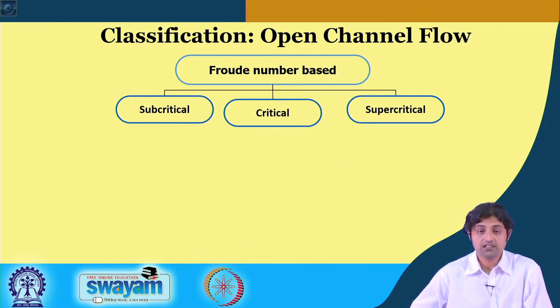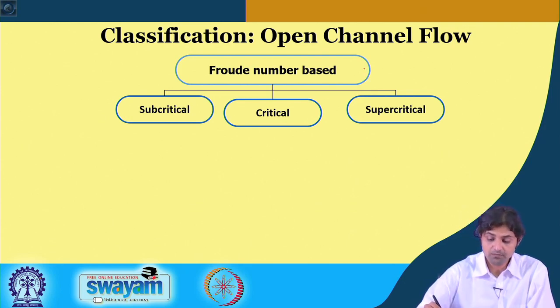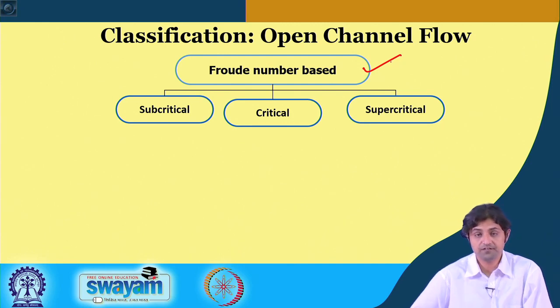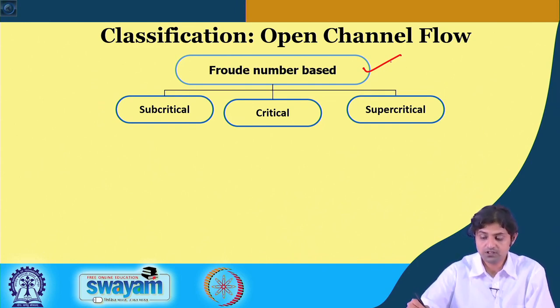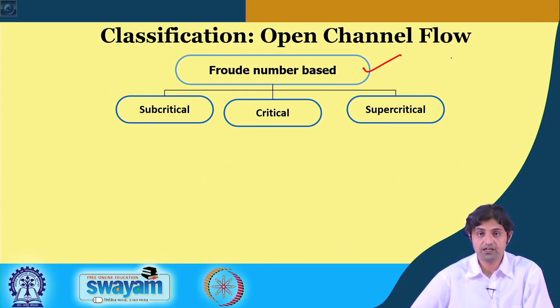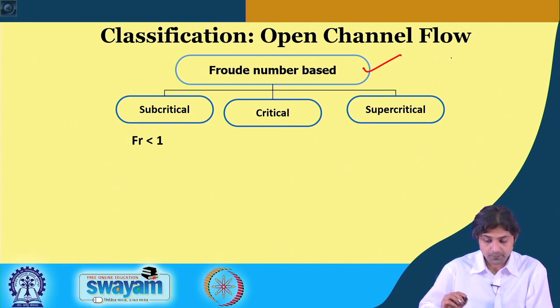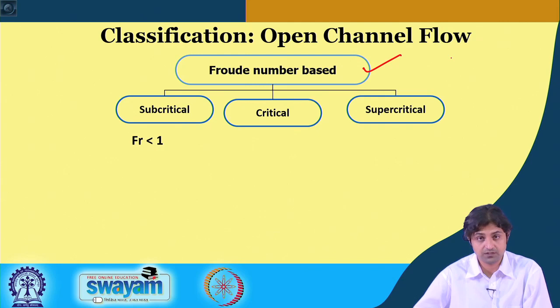Now, there is another classification that depends on Froude number. We saw this Froude number in last week's lecture, where we were dealing with dimensional analysis. The Froude number is normally given by V by square root of g L. This Froude number based classification has three regimes: subcritical flow, critical flow, and supercritical flow.